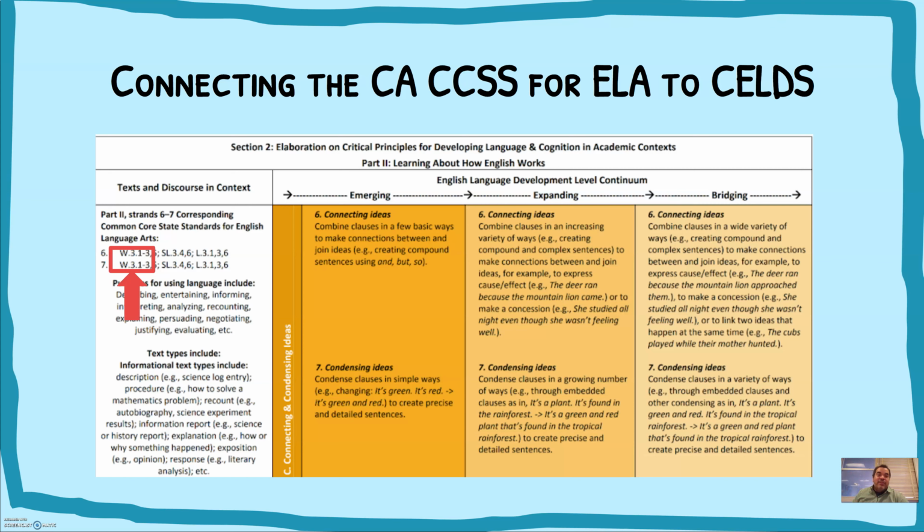In order to make their writing more expressive, when we get their writing and bring it into ELD time, we could be reinforcing the notion of making complex and compound sentences using this writing. So we could introduce the concept of complex and compound sentences, teach students how to use those conjunction words to bring two sentences or two clauses together, and then have them apply that in their own writing.